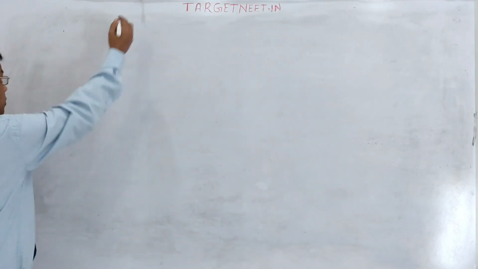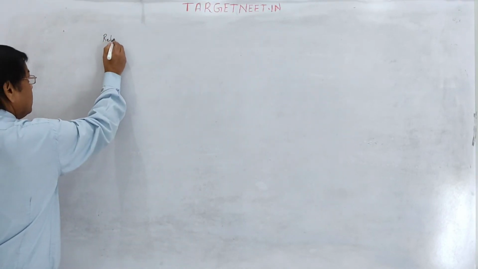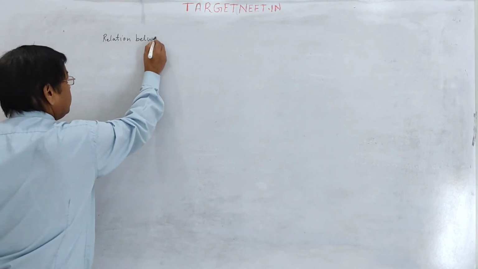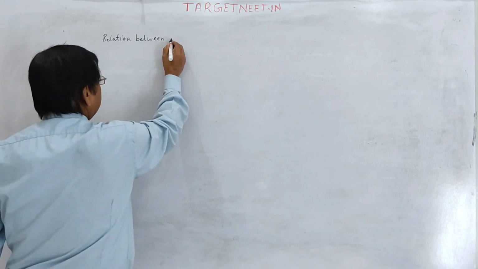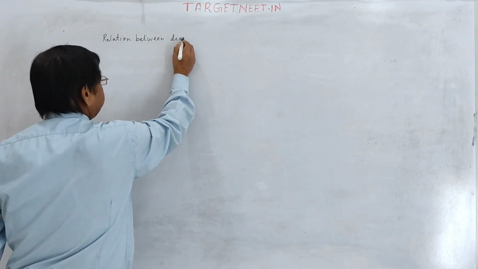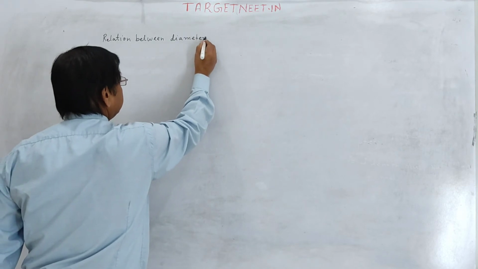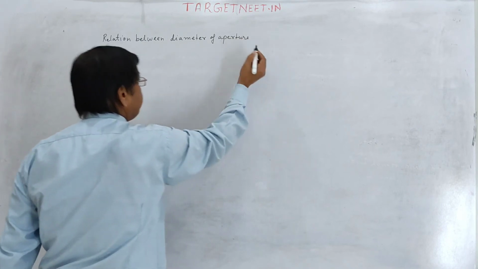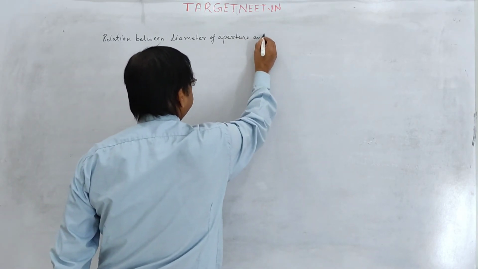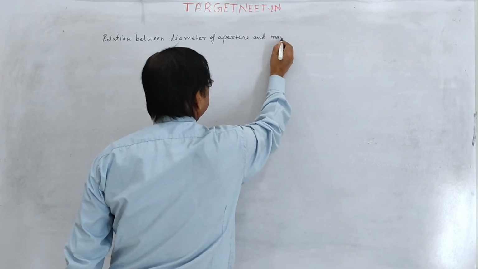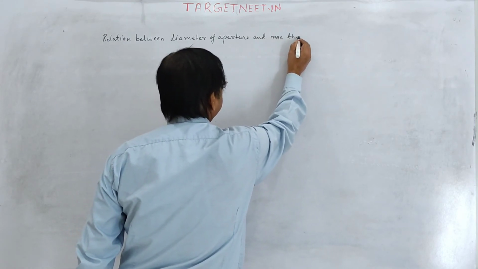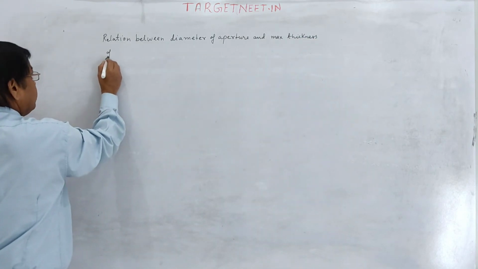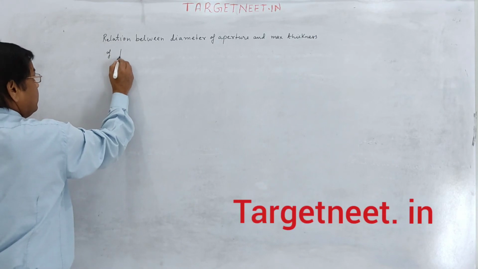Now next is a relation between diameter of aperture and maximum thickness of plano-convex lens.